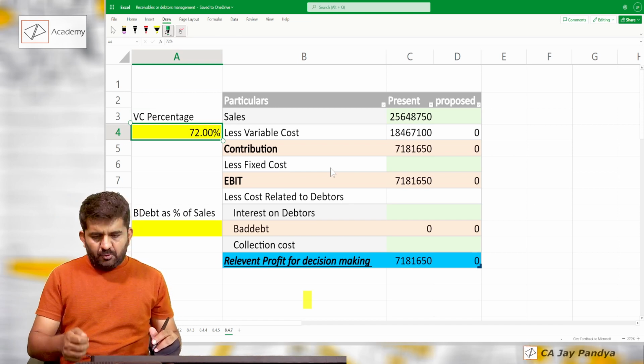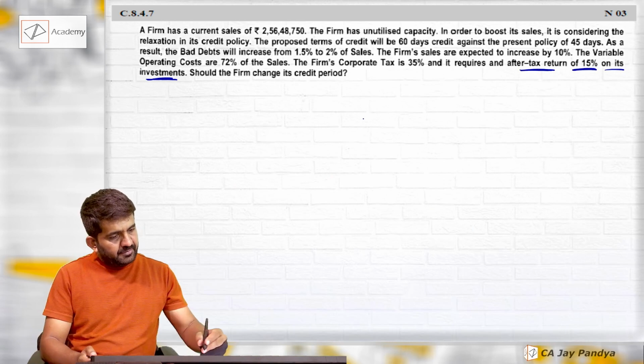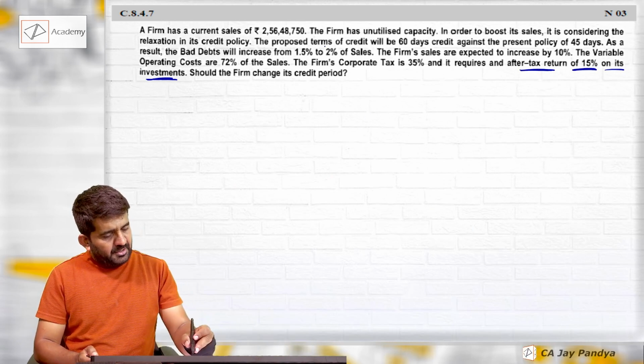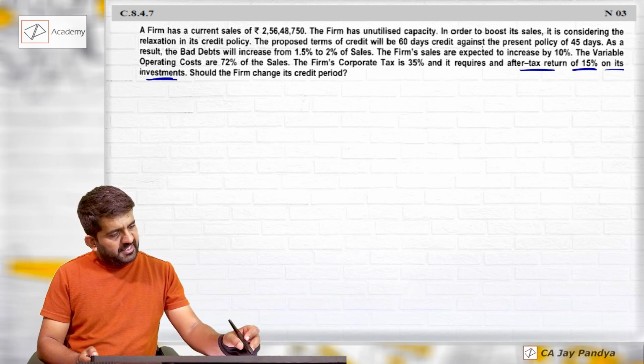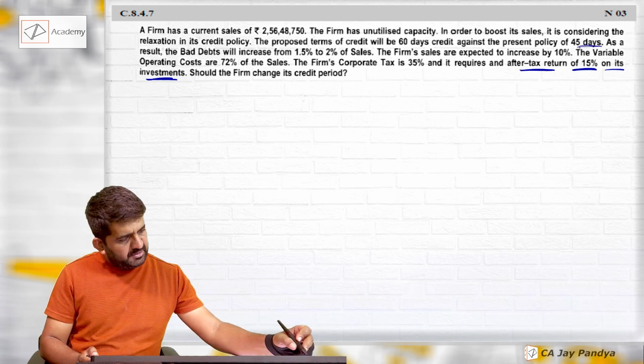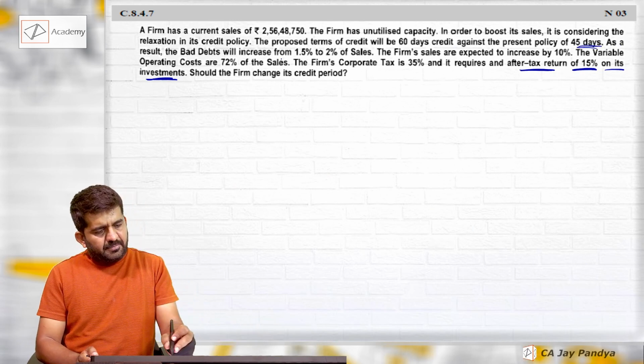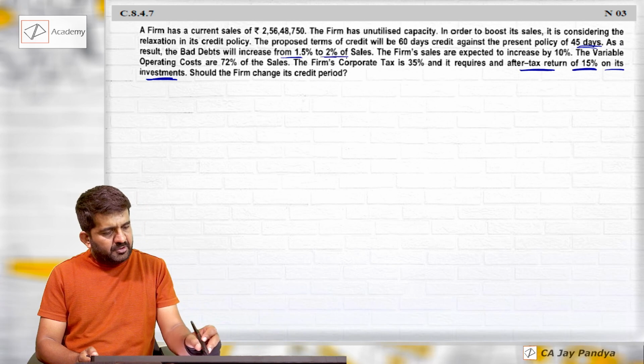We will be finding out interest on debtors. But there is bad debt. The proposed terms of credit will be 60 days, and the present is 45 days. As a result, bad debt will increase from 1.5% to 2%.